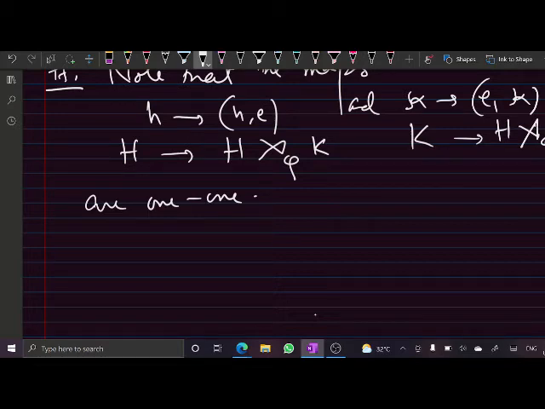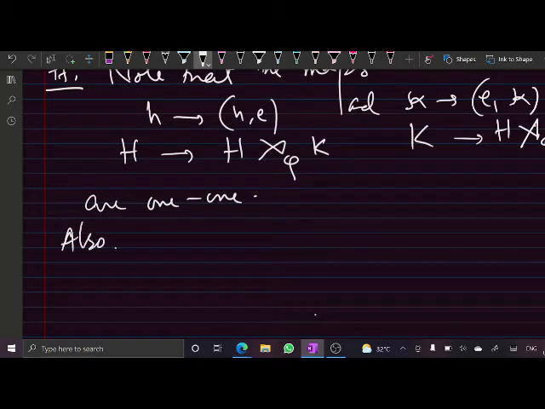Okay, these are obvious. Just by using the definition of semi-direct product, you can say that these are one-one maps.